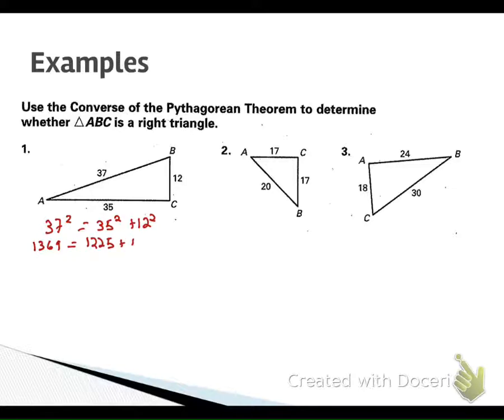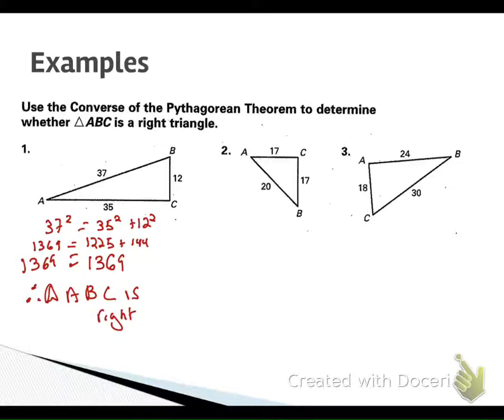And then we have 12 squared, which is 144. We're going to add that right-hand side up. When we add those up, what value do we get? Is that what you get? Yeah. So we see that that holds true. So therefore, triangle ABC is right.